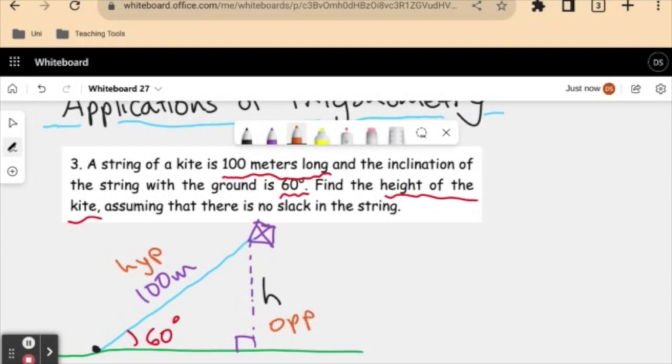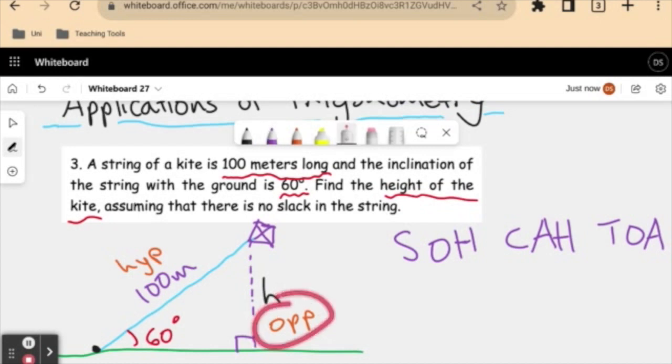Now, if we write our trig ratios up here, we have SOHCAHTOA. We need a ratio that relates my opposite to my hypotenuse, and the only one we can choose as a result is sine.